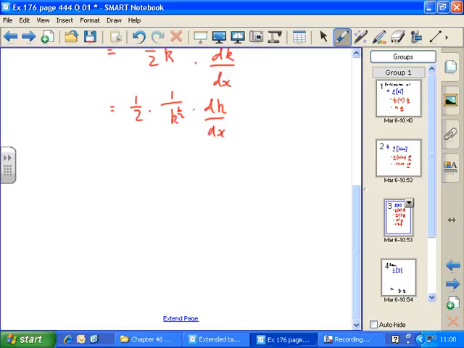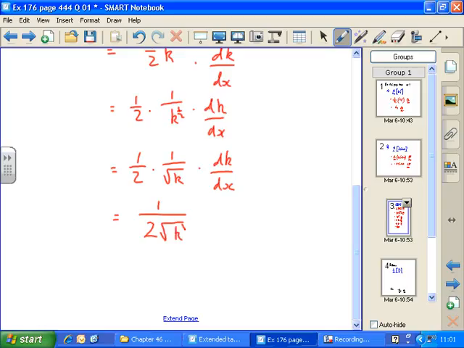And then k to the half can be written as a square root, so this is a half times 1 over the square root of k times dk by dx. And of course, this can be written as 1 over 2 times the square root of k times dk by dx.